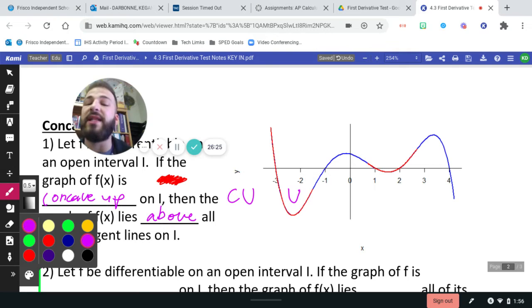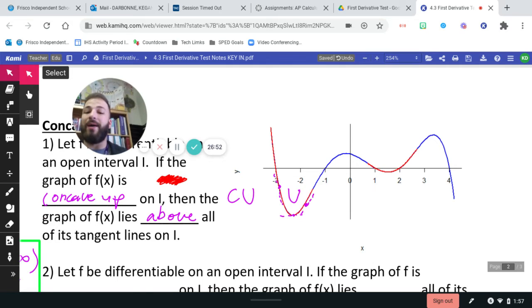And what it means by it lies above all of its tangent lines: if I were to draw tangent lines at any point on a concave up curve, the curve of my function would always rest above its tangent lines, because all of its tangent lines would fall below the graph. But realistically, just think concave up is that U shape. It's that upward U. It opens up.